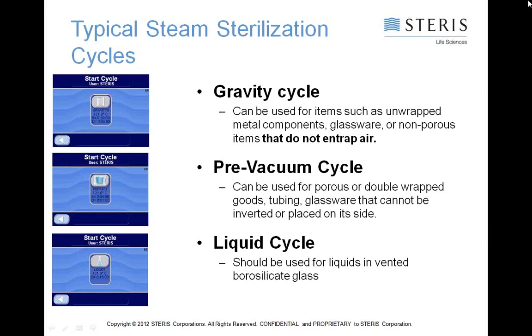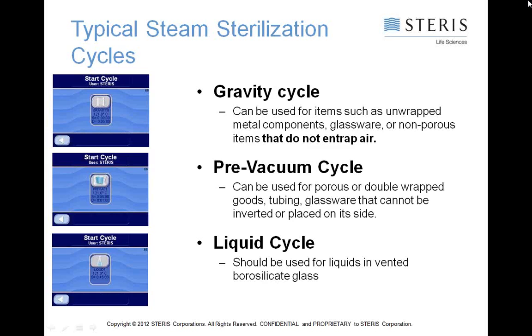Let me briefly go through some of the phases where we accomplish the principles we've been talking about. There's usually a preconditioning phase. It might start with a purge. I think of a typical pre-vacuum cycle where we will open the drain and both pull a vacuum and push in steam, maybe a minute or two of all that, to begin to remove the air.